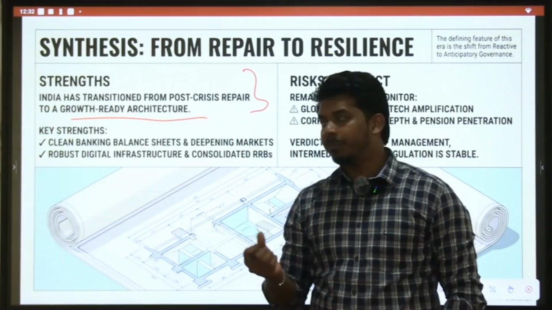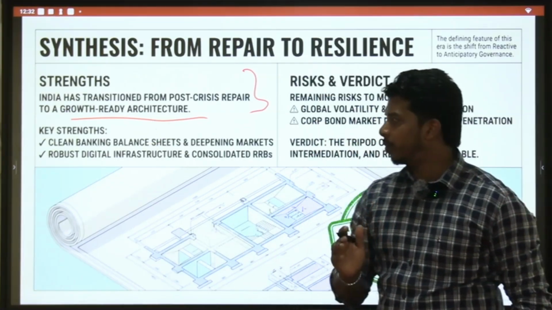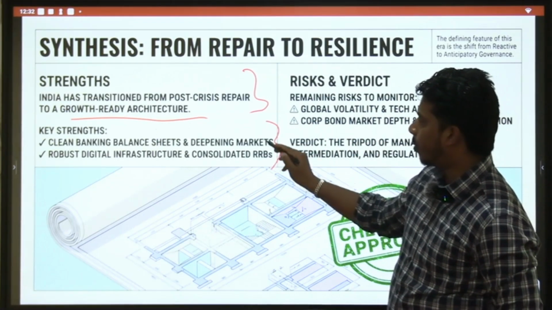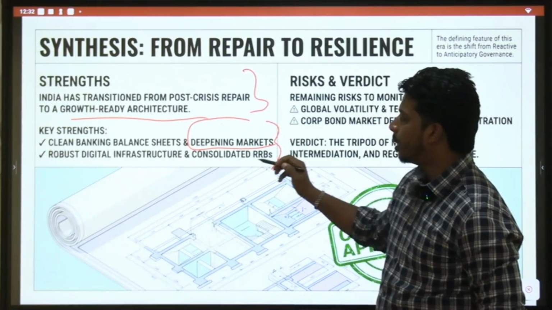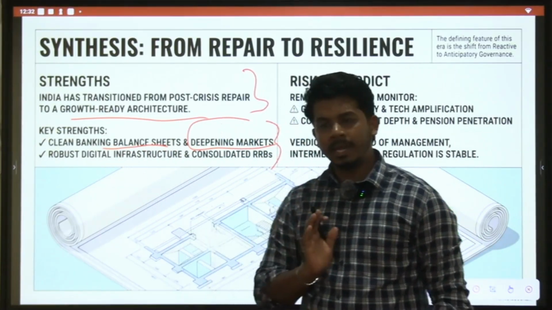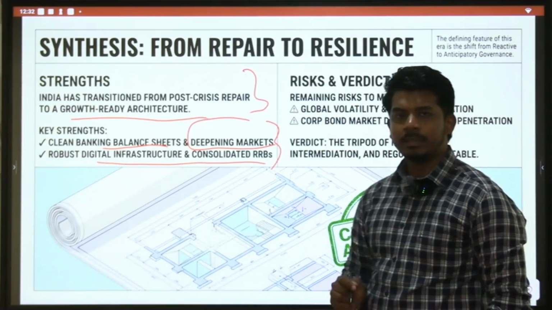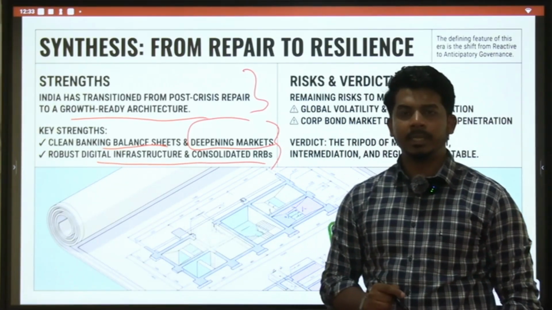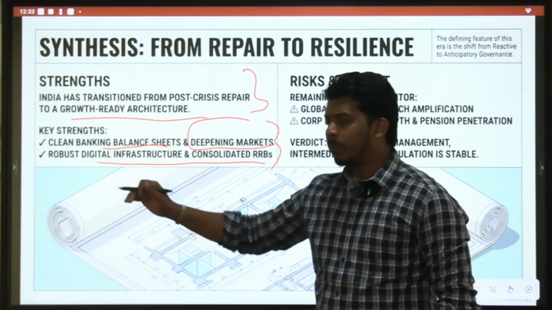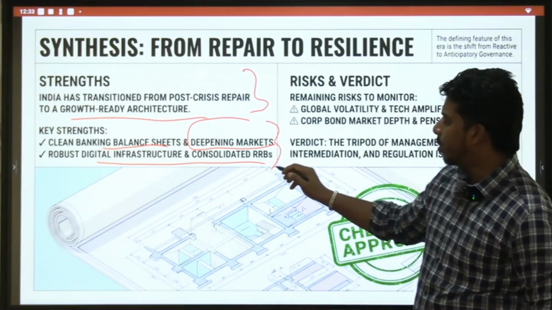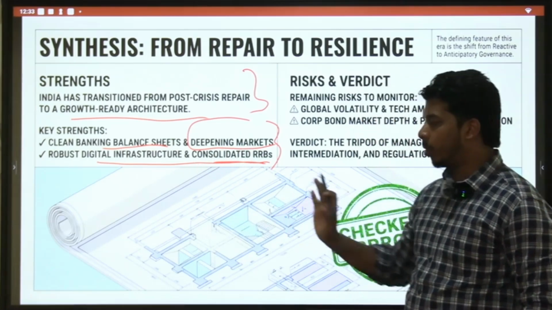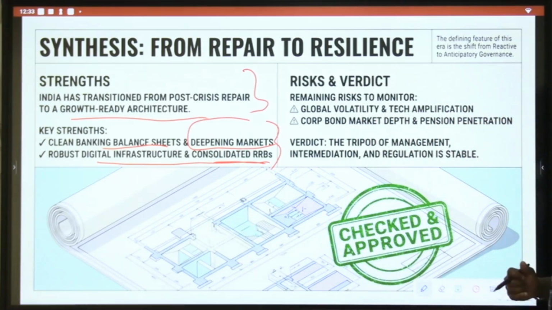RRBs' credit is increasing. We have some strengths: our financial market is deepening, banks have clean balance sheets, and our digital infrastructure like UPI and the JAM Trinity, Jan Dhan, Aadhaar, mobile, is expanding. We are consolidating RRBs.